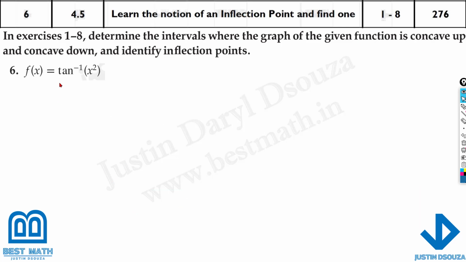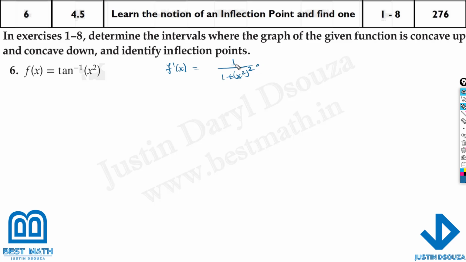In this problem, we have got tan inverse x squared. So we need to remember the inverse function. The first derivative would be very simple. It's just 1 by 1 plus x squared. See, if it was tan inverse of x only, it's 1 by 1 plus x squared. But here what you have is already a squared, so there is an extra power 2.